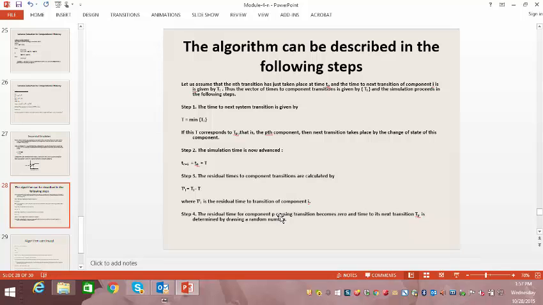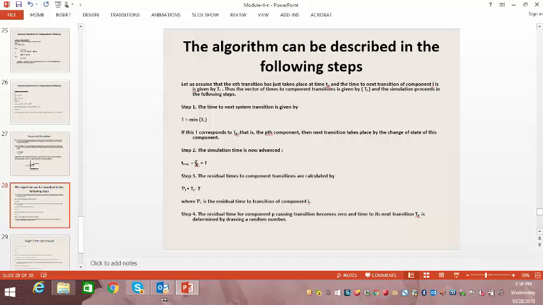So basically what you do is that if you are in a state, then you find the time of transition or time of change for all the components, and then you say, okay, what's the minimum time? If this time corresponds to, say, component P, and Tp is the time to change, then your system will change the state after time Tp.